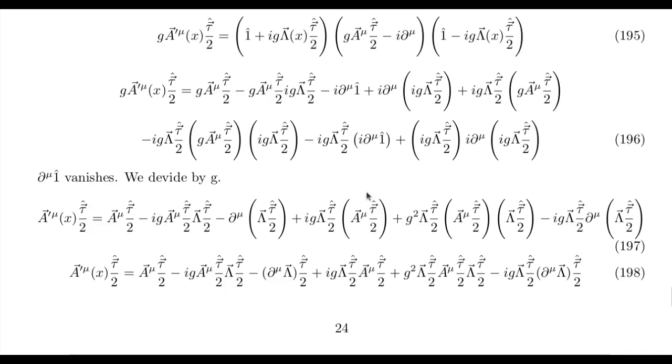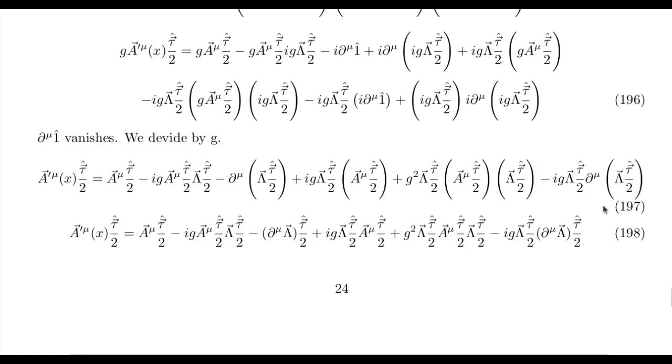But then if we look at the terms here, we see here is the derivative of the unit matrix, and here. So these two terms vanish. And then further we divide by a factor g, because we have g here in all terms. So we get here equation 197. Here we look at the great parenthesis. The tau matrices are constants.